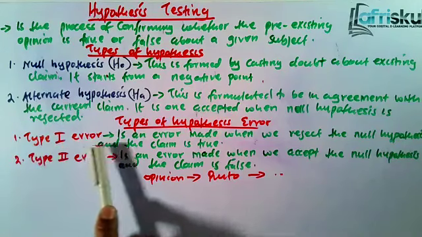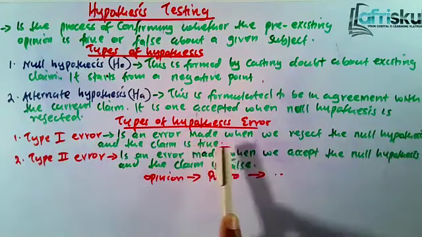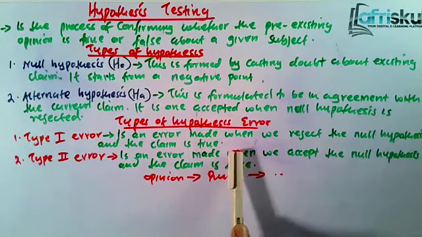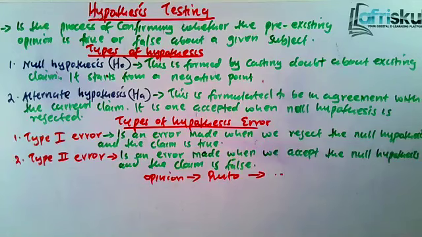That's what you call type 1 error. So that means you are rejecting a true hypothesis. Then we have type 2 error. Type 2 error is an error which is made when you accept the null hypothesis, but the claim was false.